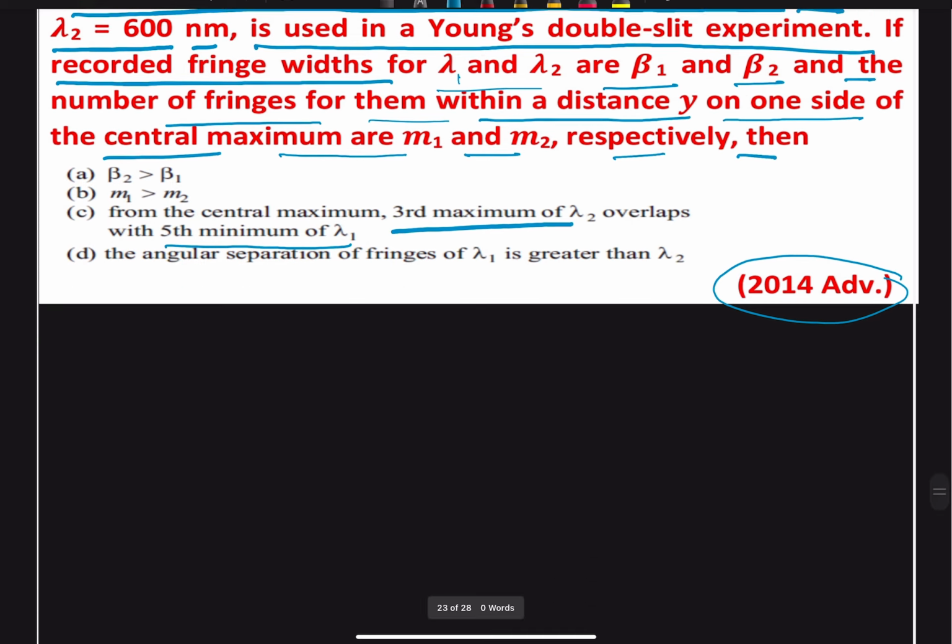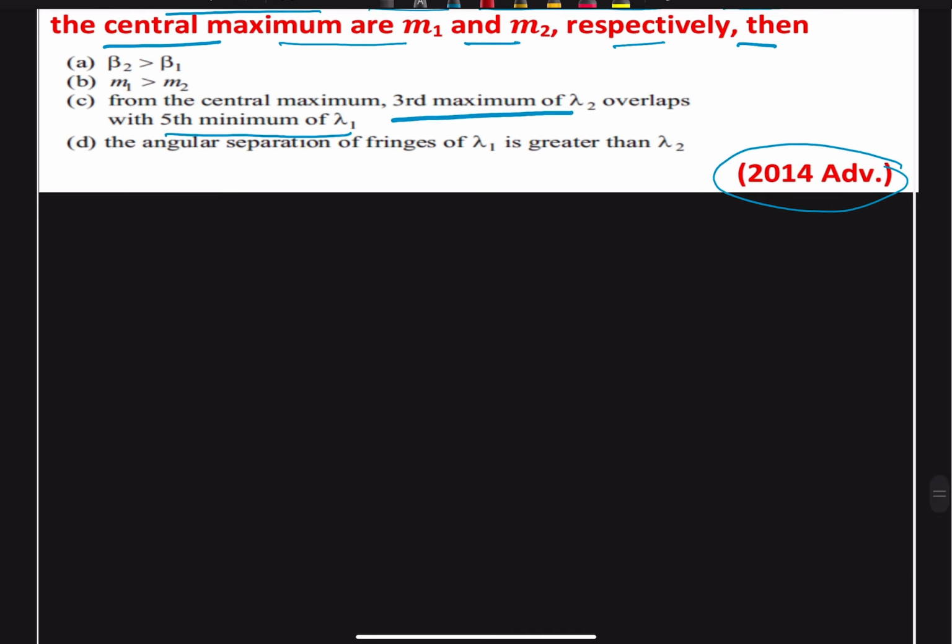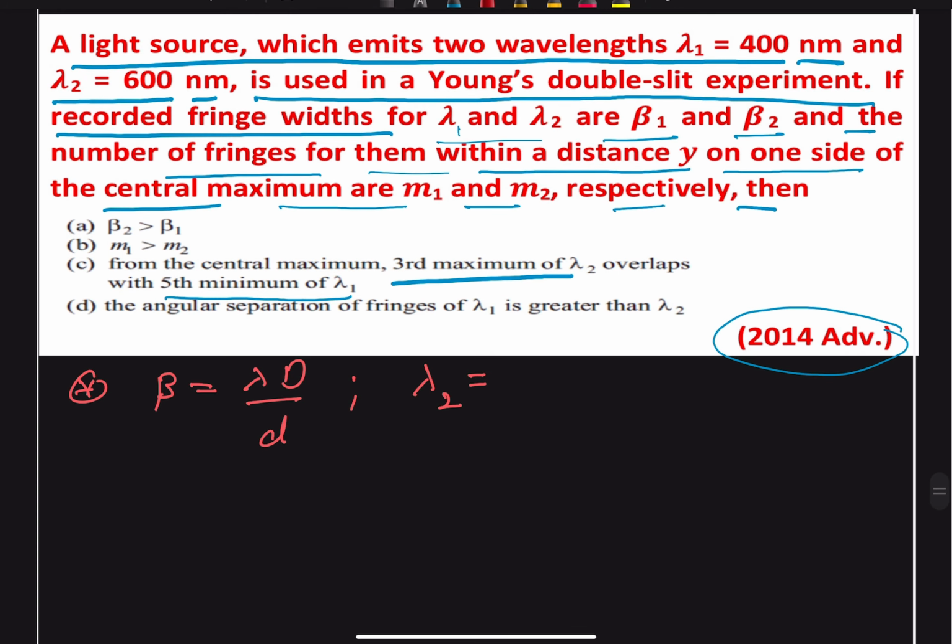So we start with this basic formula, that is beta is equal to lambda capital D divided by small d. And we are given a wavelength, lambda 2, which is 600 nanometer. So obviously it is greater than lambda 1, which is given as 400 nanometer.